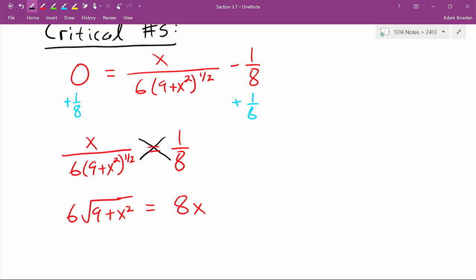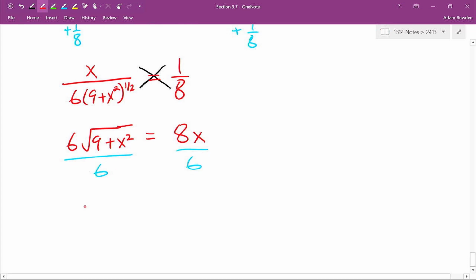I'll go ahead and divide out the 6 from both sides and rewrite this as the square root of 9 plus x squared is equal to 4x over 3, or just 4/3 x.